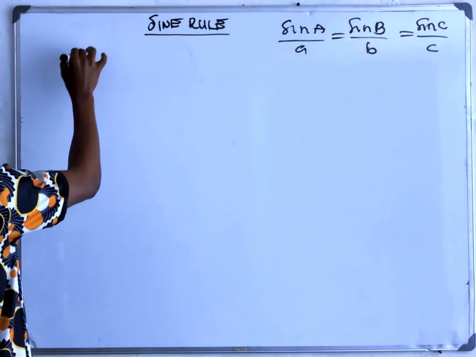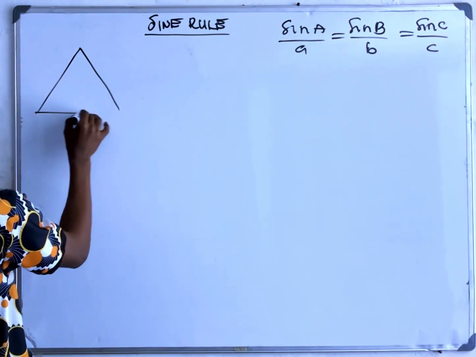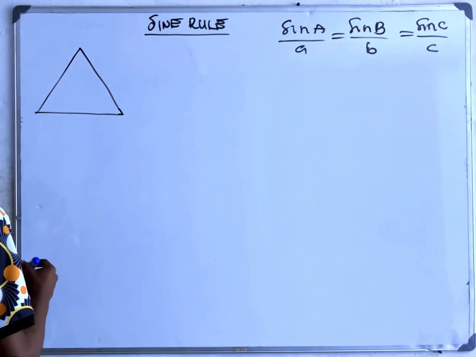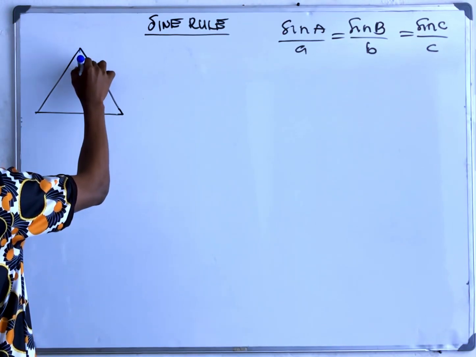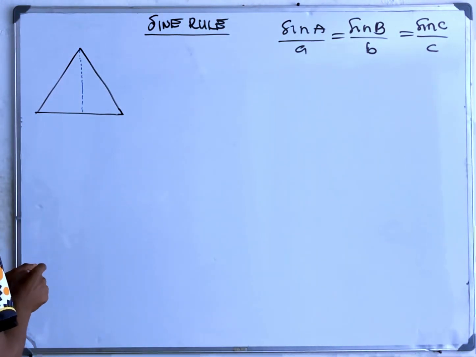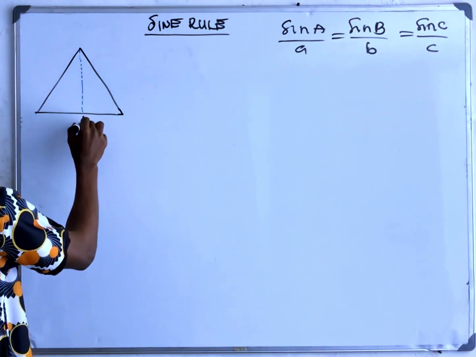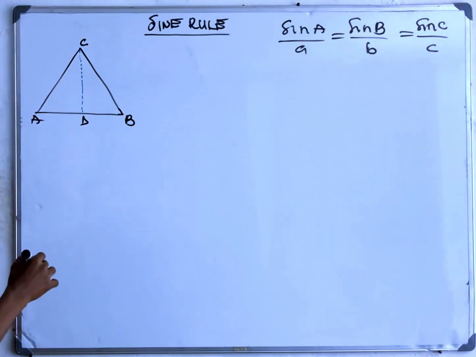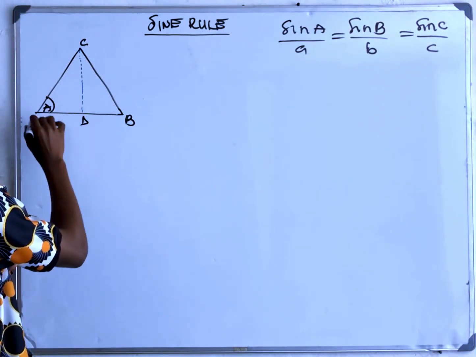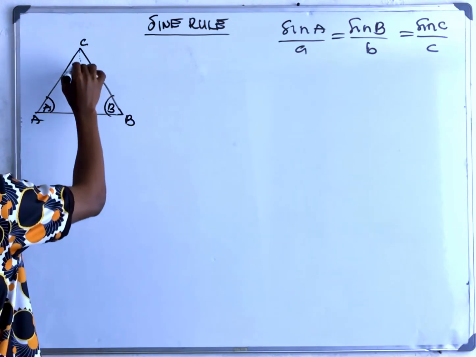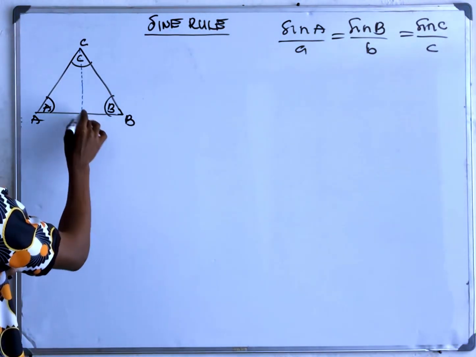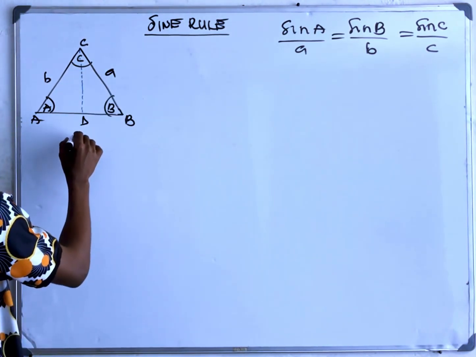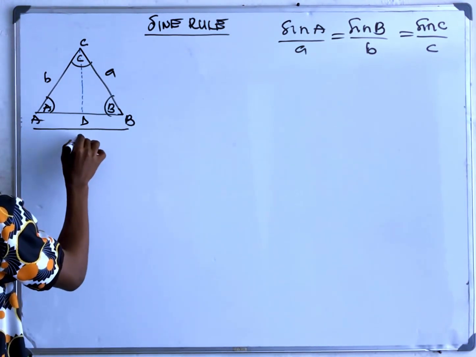As usual, the diagram is not drawn to scale, okay? So I have my triangle. From this triangle, I'm going to form a right angle triangle, so let me name this side D. Let me name here A, B, C. If here is A, the angle formed there is A, the angle formed here is B, the angle formed here is C. If here is B, it means the length will be b here, the length will be a, and from here to here, the length is c.